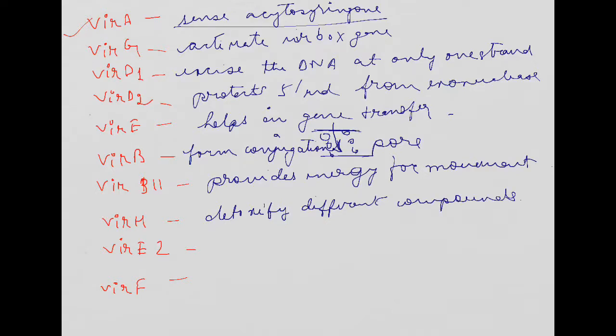Then VirE2 forms a channel in the membrane. VirF, the actual function of VirF is not understood, but it probably assists in the transformation of normal plant cells to tumor cells.